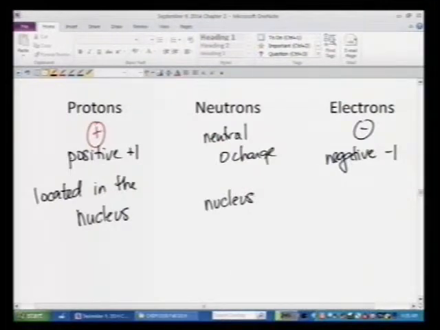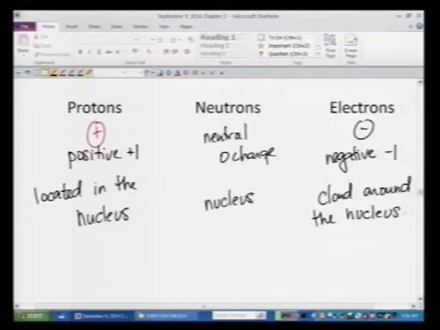And electrons are located in the area around the nucleus. So you can kind of think of it as an electron cloud. So they exist in the space around the nucleus. So we're going to call it a cloud around the nucleus.